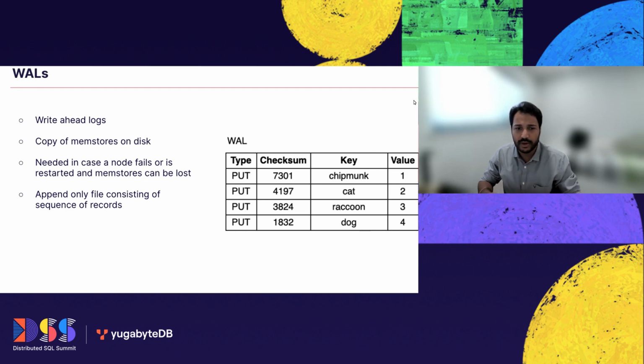Think of this more like an append-only file, which simply contains all of your write data one after the other. Now, if you look at the diagram, in this one, the order is maintained and all the entries are in the same order as the data is sent by the client.